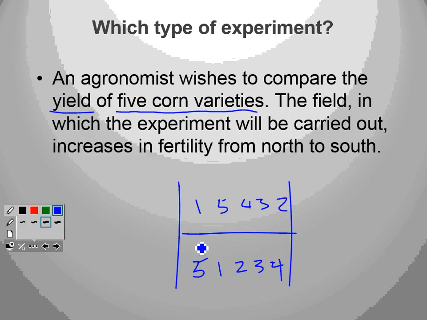Now, this is a great way to look at it and to make sure that you are randomly assigning things and seeing if seed number 4 grows best here, does it also grow best here?